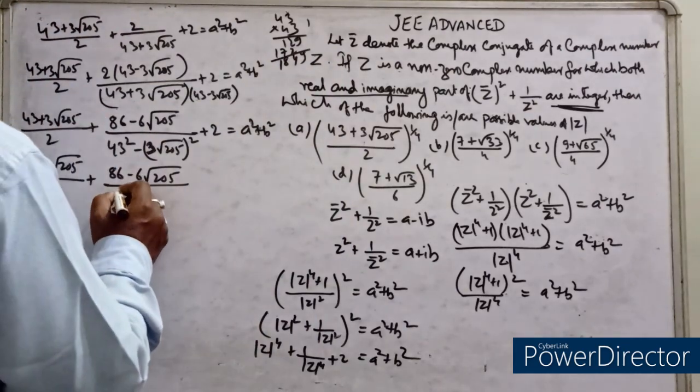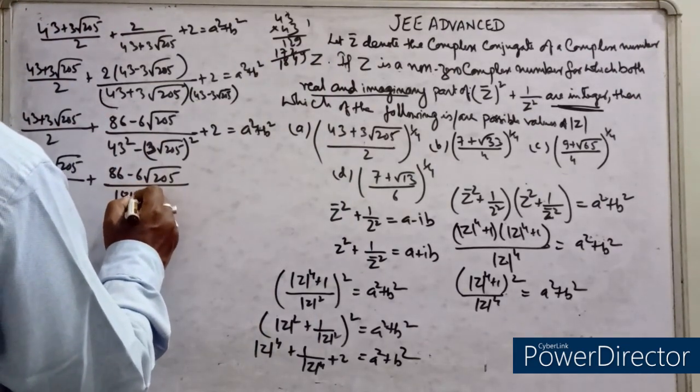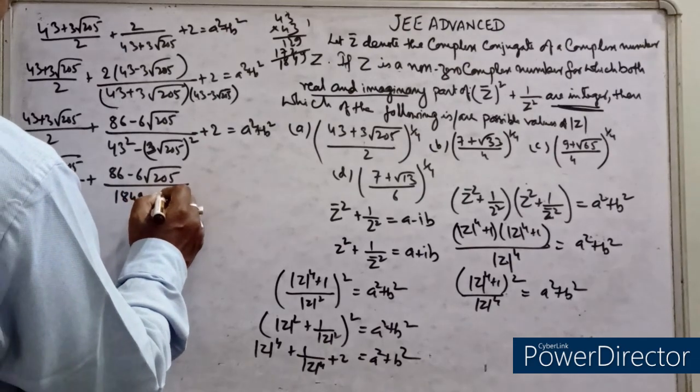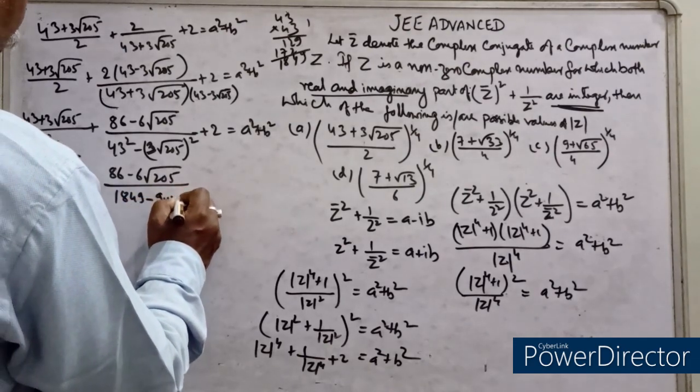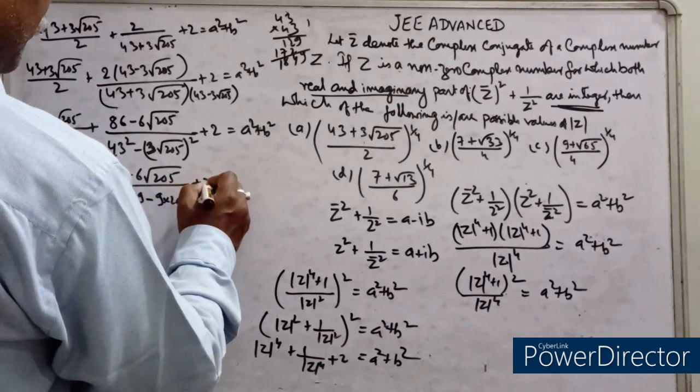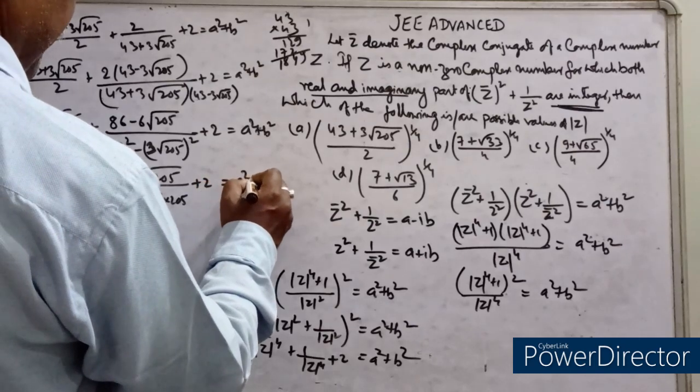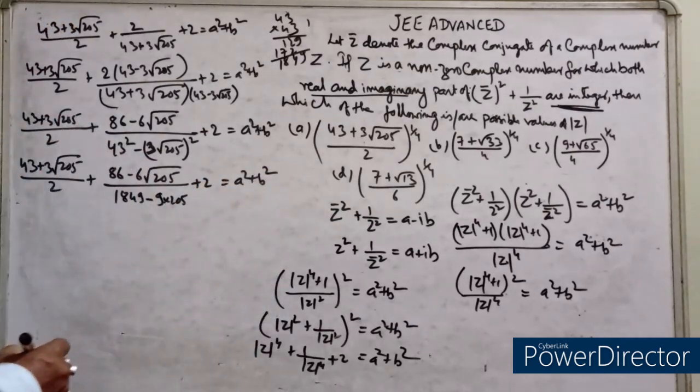So this is 1849 minus 9 into 205, plus 2 is equal to A square plus B square.